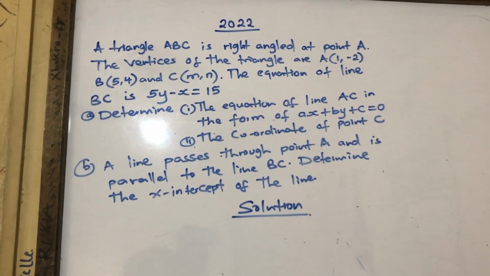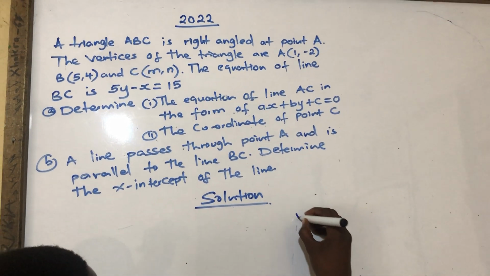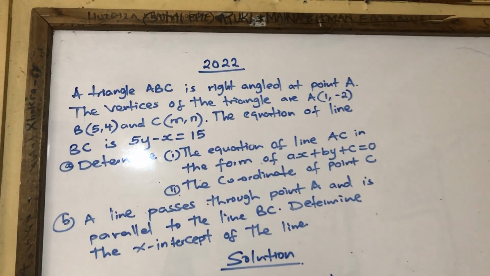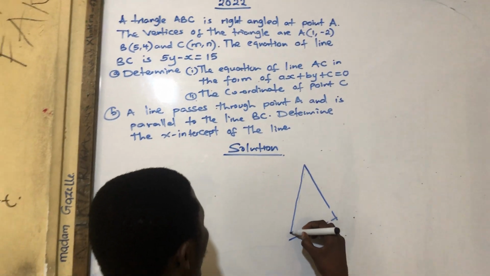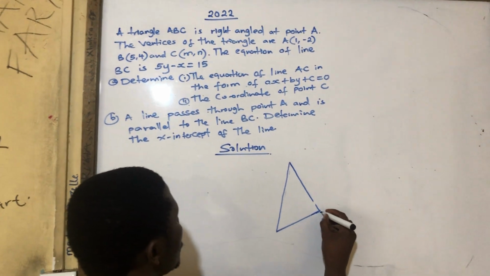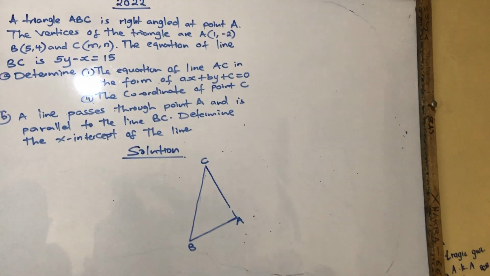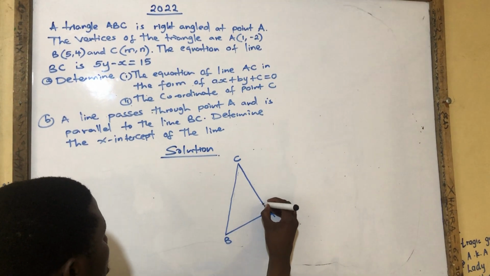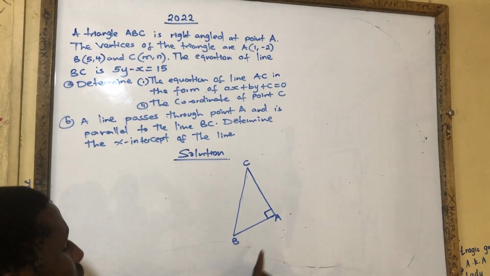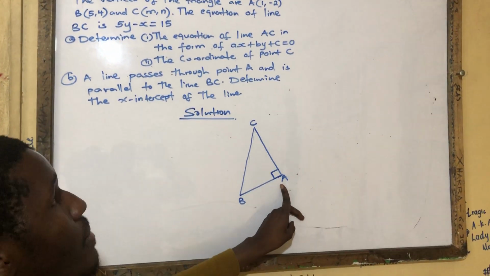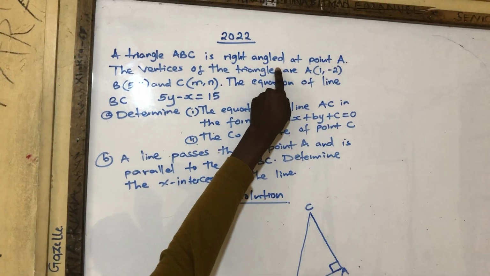Even before we continue reading, how about we come up with a diagram of how the triangle could be looking like? So let's have this as our triangle. So this is our triangle A, B, C. One thing that the student has to be keen on is the right angle must be specifically at A, because the question was very specific on that.